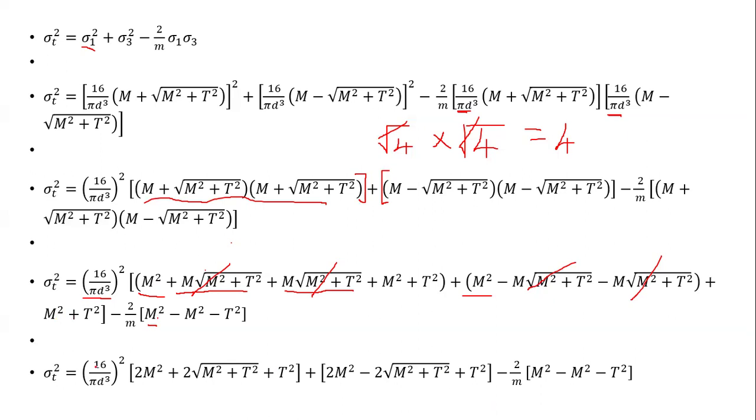This starts again, 16 over pi d cubed squared. Then I have 2m squared plus, there's a 2 here. Then there's a square root of m squared plus t squared, because these are 2. Then I also have plus t squared again.